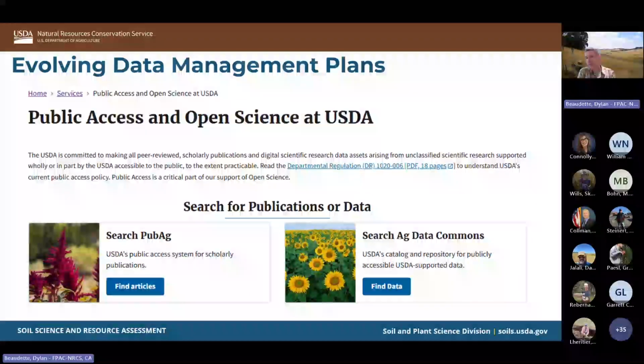But it's also something that I think the research staff with SPSD might be able to take a leadership role in, and in fact has already taken a leadership role in doing, in starting to put things there and document the process in which data flows from cooperator into Ag Data Commons, and that the required metadata are filled out so that we can all find this stuff later on.